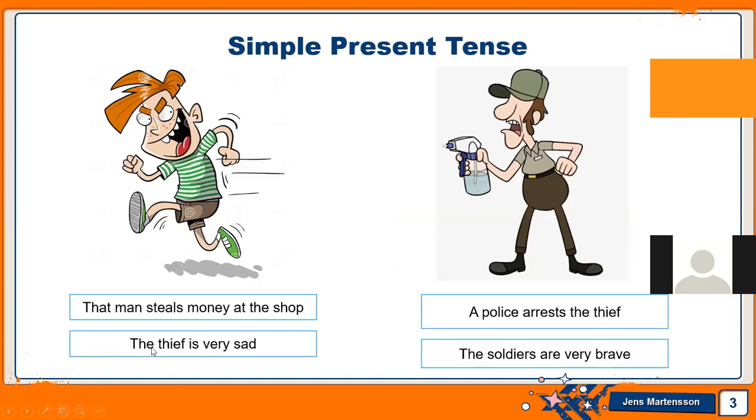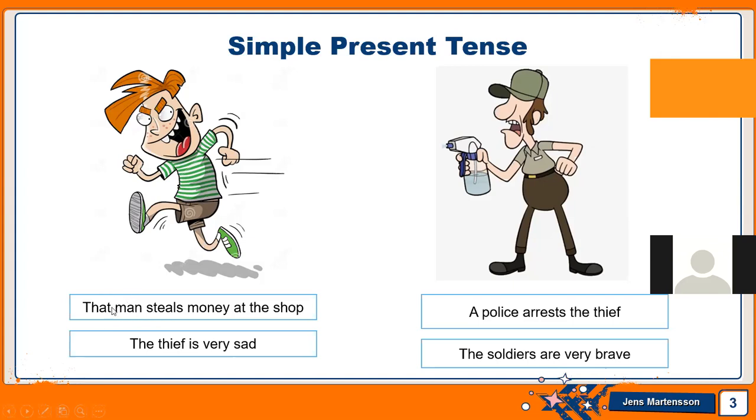And then this one, the thief is very sad. So you just put not here. The thief is not very sad. When it's a nominal sentence, you just put not, but when it's a verbal sentence, you need a helping verb like do or does, depending on the subject.